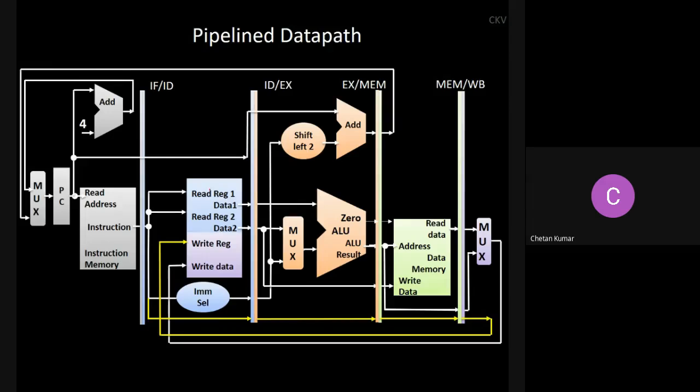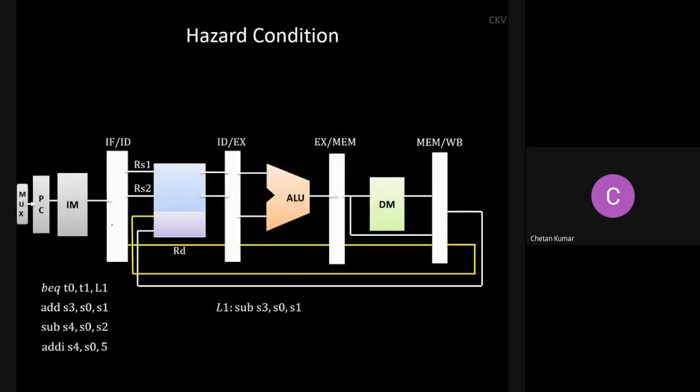So for the initial case, I'm assuming that the branch condition is evaluated at the output of the ALU. Okay, and you have this as the pipeline stage. Since PC is also important for this case, I'm showing PC also for the control hazard. So at the end of clock cycle 1, again similar to our earlier analysis, we'll try to see what happens at the end of each clock cycle. At the end of clock cycle 1, your first instruction's information will already be there in the IF/ID register.